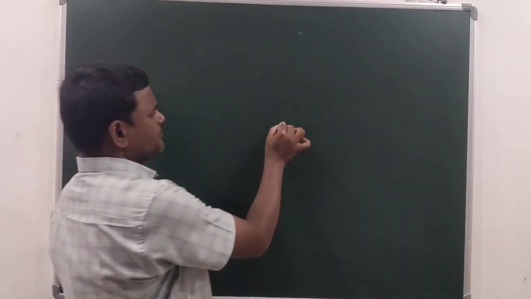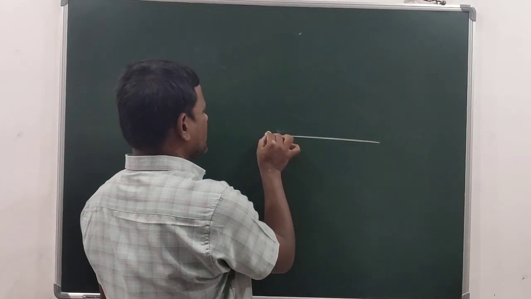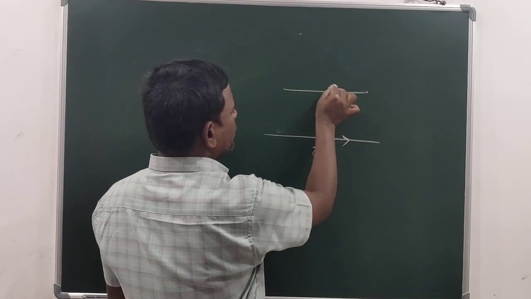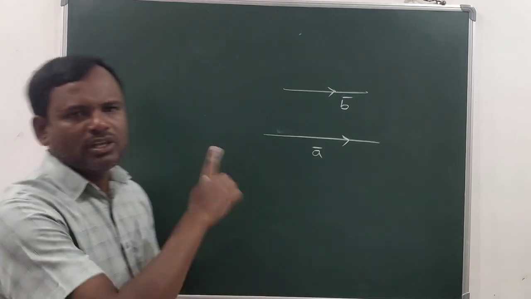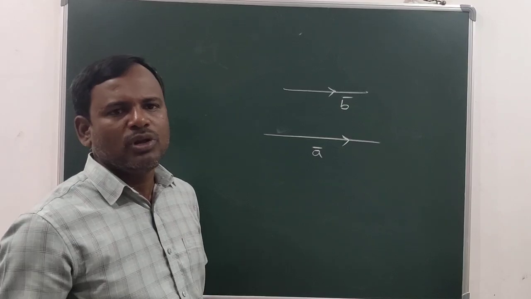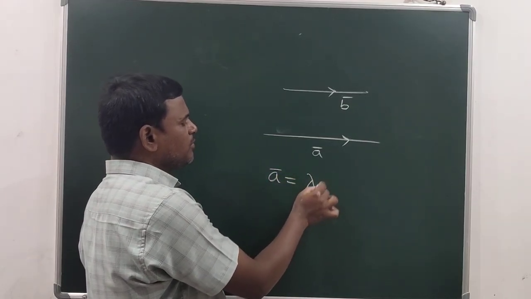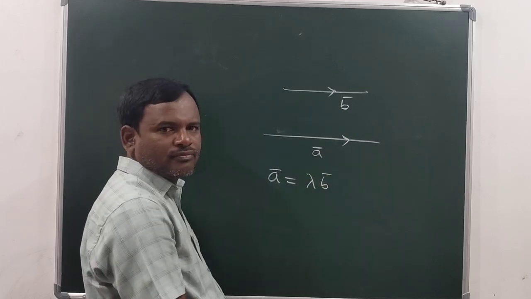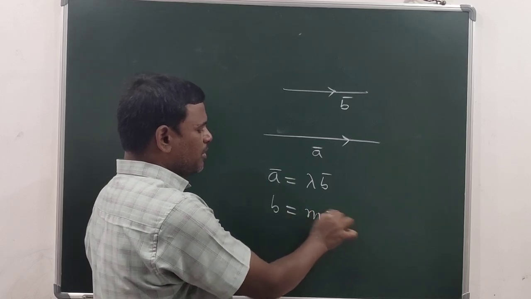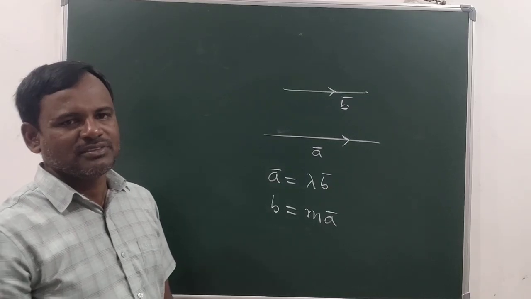See, one vector here, let it be vector A moving this side and vector B moving this side. Both are like vectors and both are parallel, or both may be collinear. In such a case, you may get A is equal to some lambda into B bar, or you may get B is equal to some M into A bar, where lambda and M are scalars, meaning any real numbers.